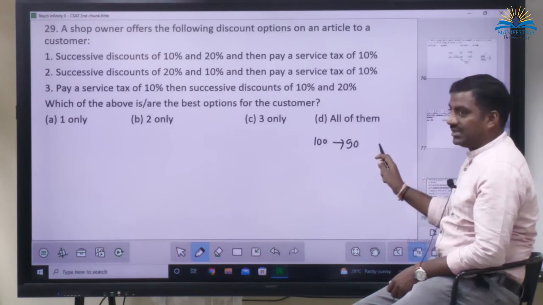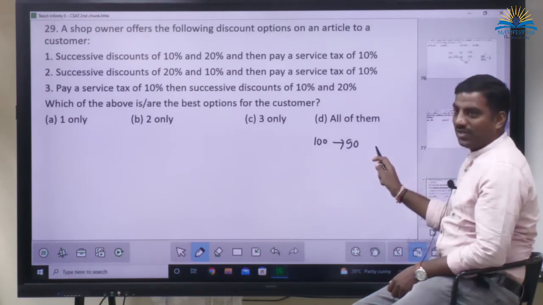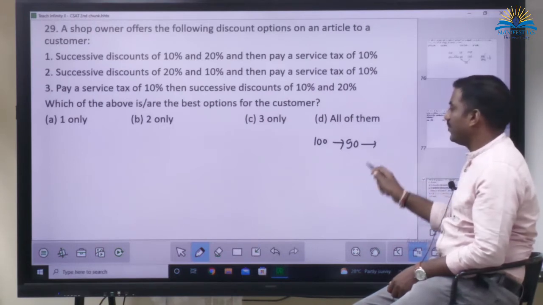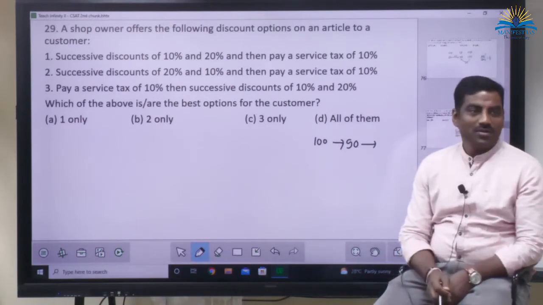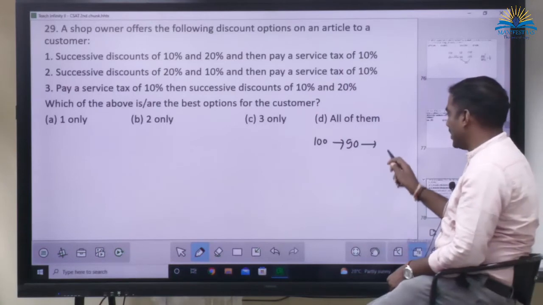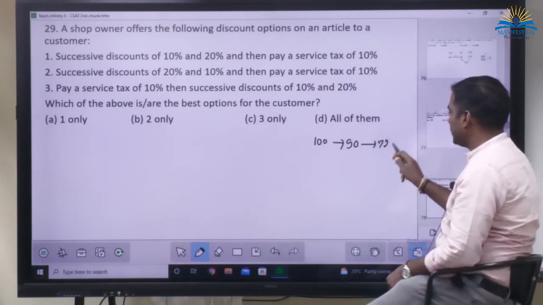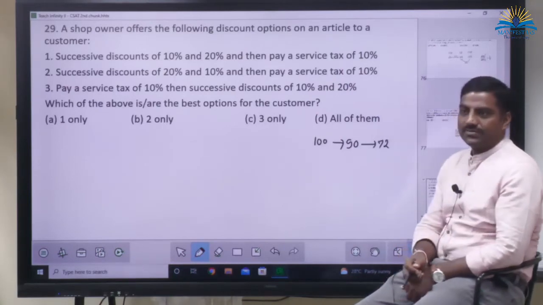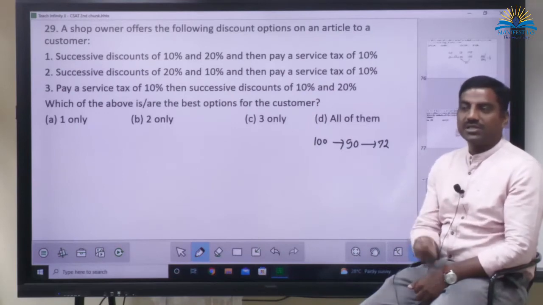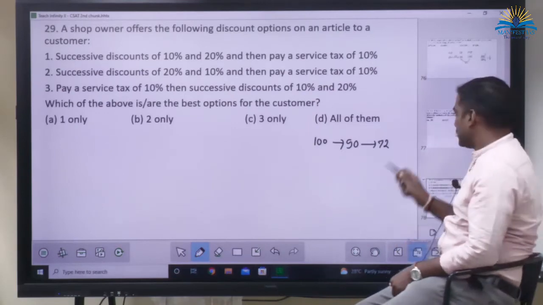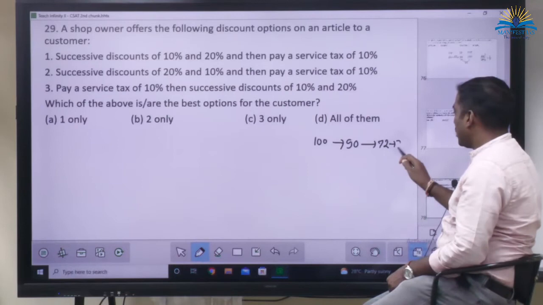Be careful while you are answering the next. 20% discount on 90. 18 is the discount. So 72 rupees is the price. On this, 10% tax. 10% of 72 is 7.2. So in total you are supposed to pay 79.2.